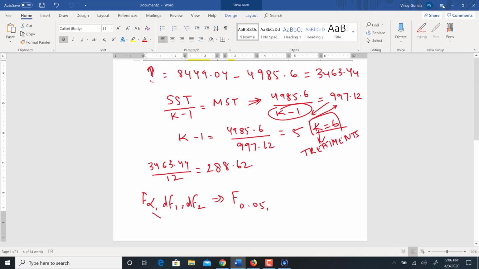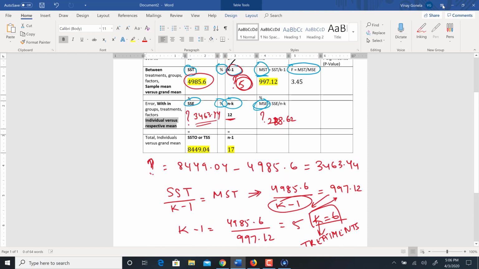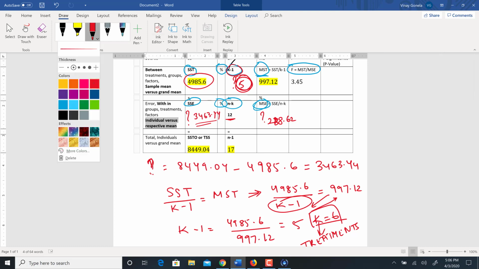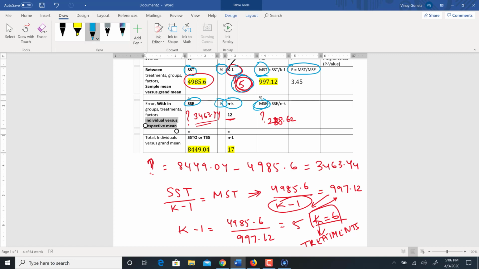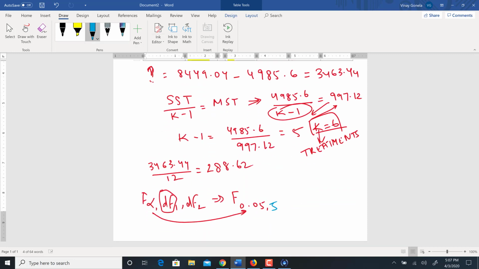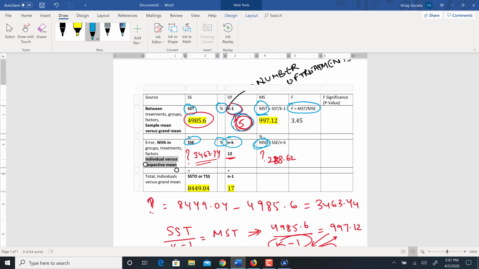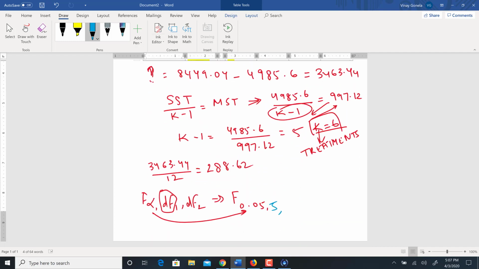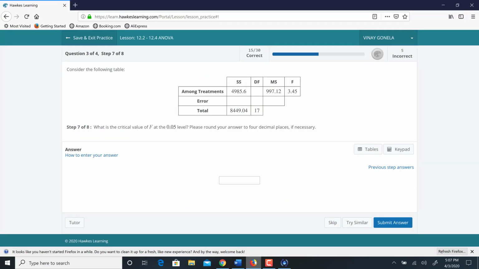Degree of freedom 1 will come from here, which is 5. And then degree of freedom 2 will be for the second column, which is 12. So you will look for f 0.05, 5, 12. That is what we have to look for.